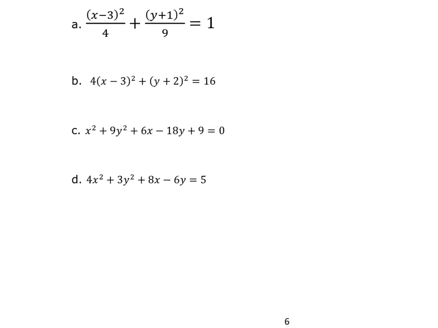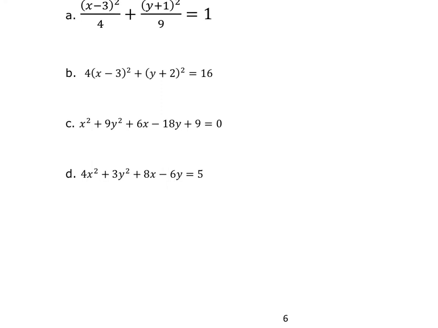If you were asked to find the equation in standard form, the first thing you're going to do is rewrite it: 4x squared plus 8x plus 3y squared minus 6y is equal to 5. You're going to rewrite it so that your x's and y's are together. The next thing you're going to do is factor out the coefficient on the x squared part.